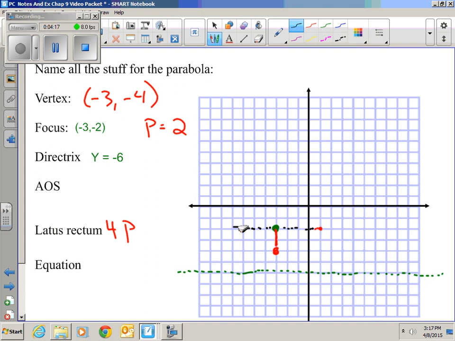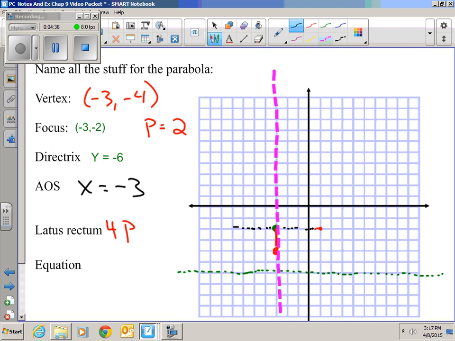So the axis of symmetry, of course, is this vertical line right here. So the axis of symmetry is x equals -3.